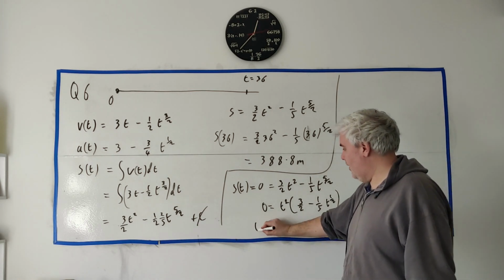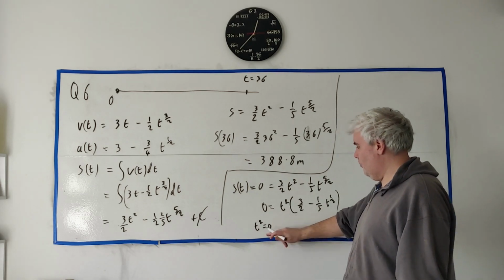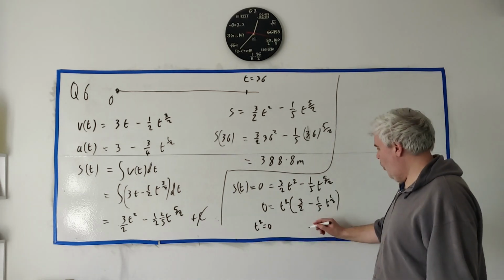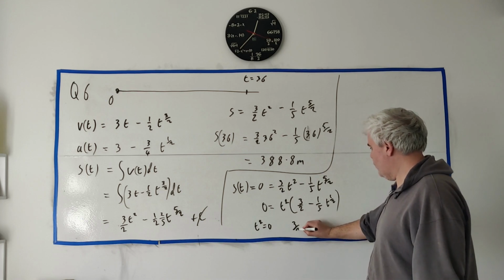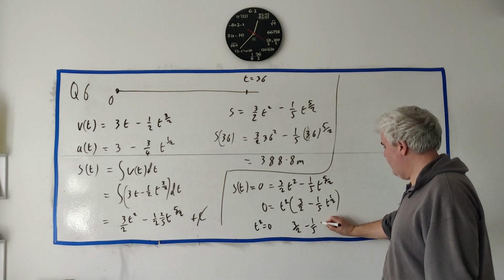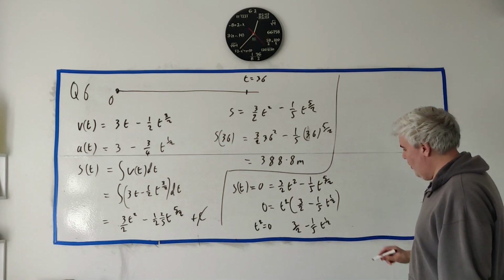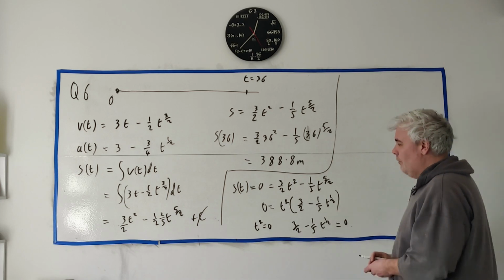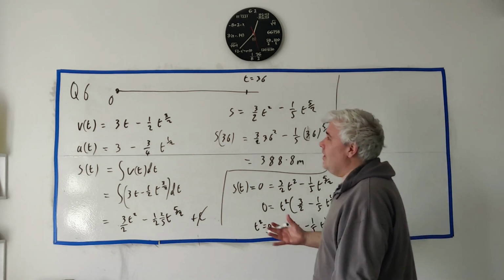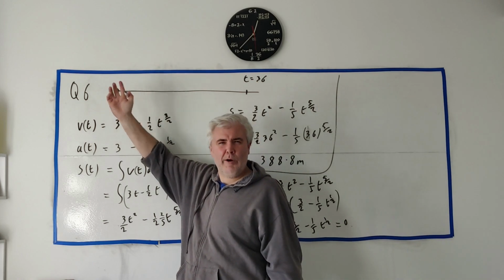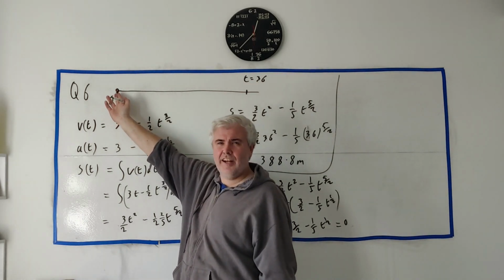The answer is either t squared equals 0, which is t equals 0, or 3 over 2 minus a fifth t to the power of a half equals 0. We can discount t equals 0, because we already knew that. It was at rest at t equals 0, it started there.